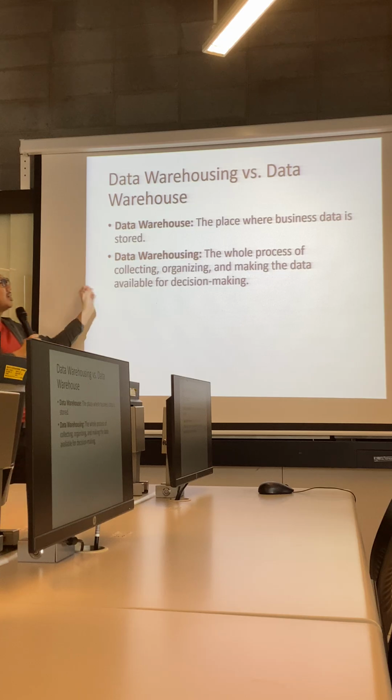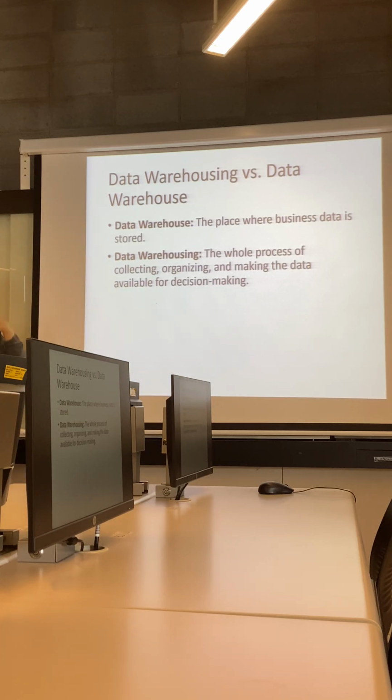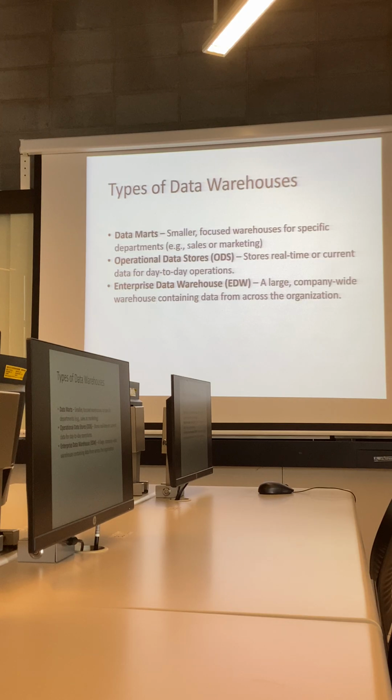Data warehousing is the whole complete process, starting from collecting, storing, organizing, retrieving, and analyzing, making the data available for decision making. So data warehouse is the place, and data warehousing is the process itself.